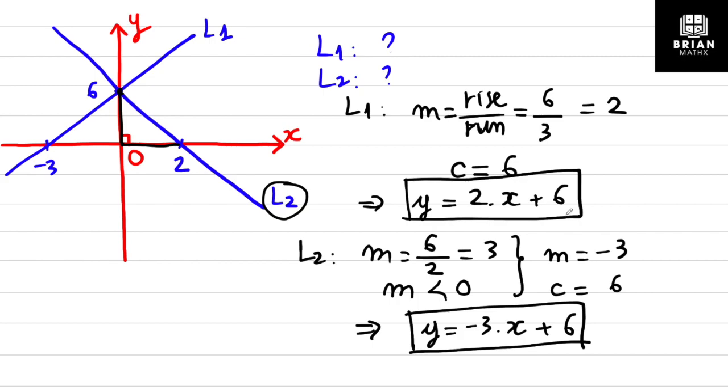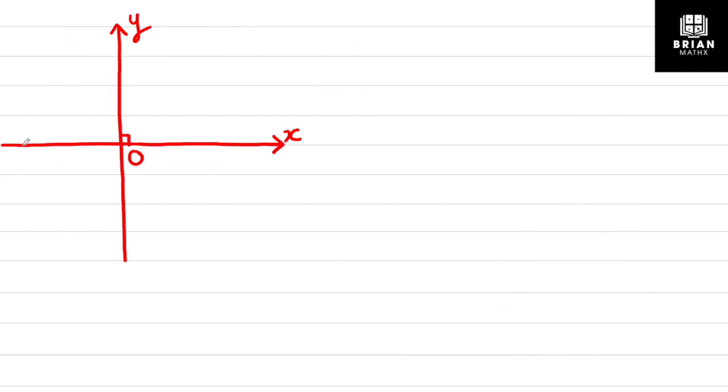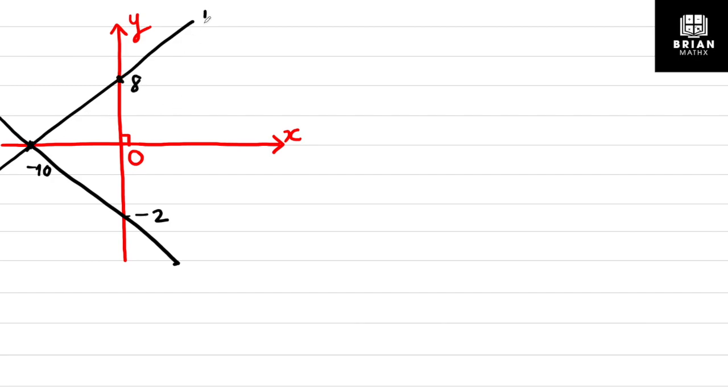Yeah. The last example is about here. Here is negative 10 and here is negative 2. And from this point, you already know about 8. Okay, two lines. Here is line 1 and here is L2. L1, you got an increasing line. And the gradient is rise over run. What is rise? Right here.